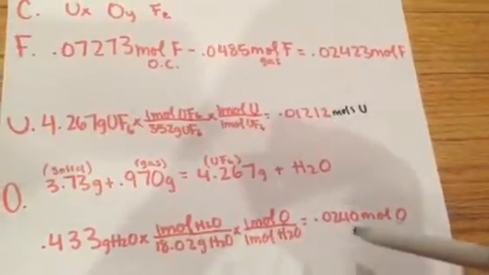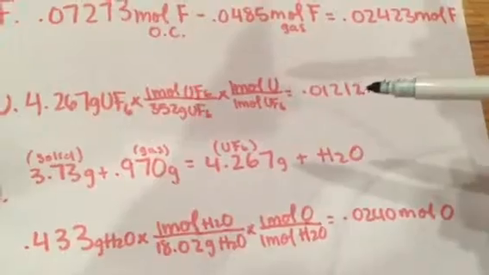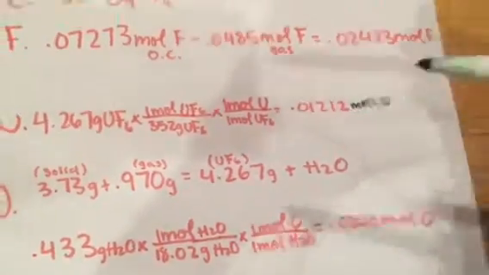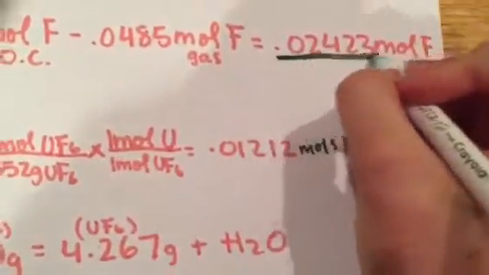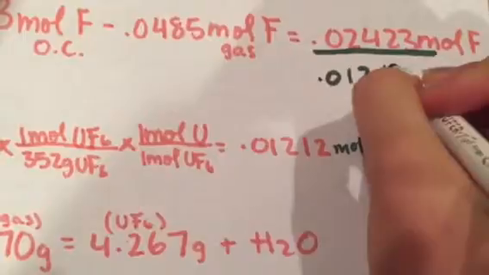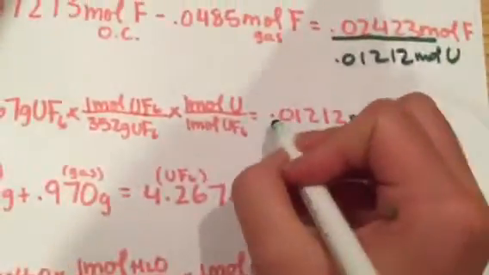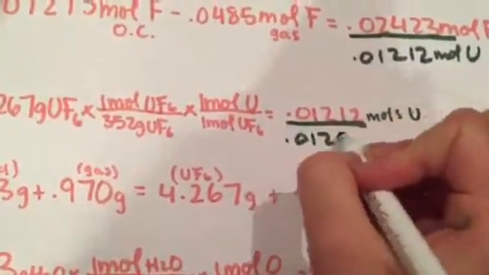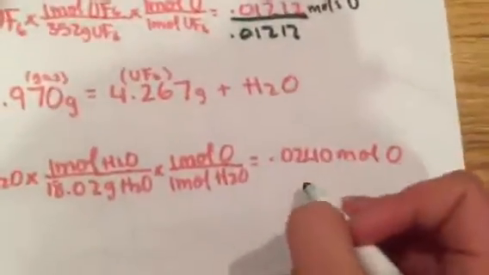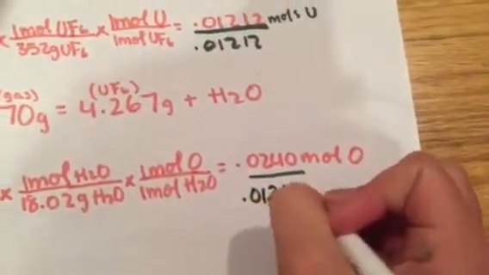And what we need to do now is we need to take the smallest number that we've been given out of these three, and we're going to divide all of the answers by that. In this case, it's uranium, so it's 0.01212. So we're going to go right here, 0.01212 moles of uranium. We're going to do the same thing right here, 0.01212, and right down here for oxygen, same exact thing, 0.01212.